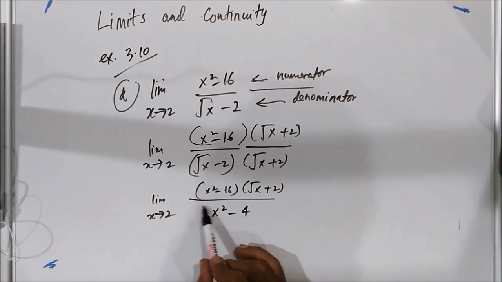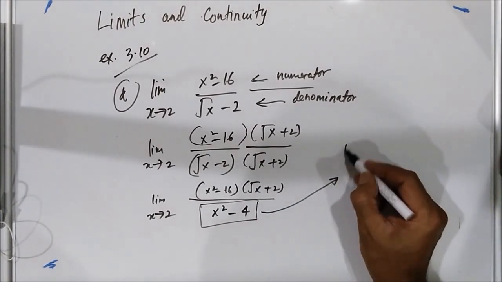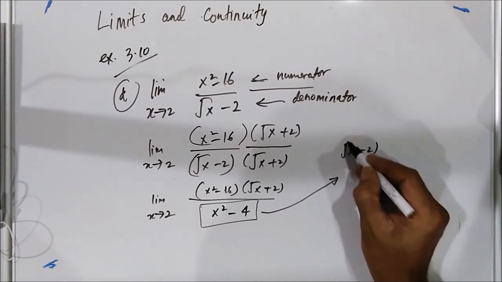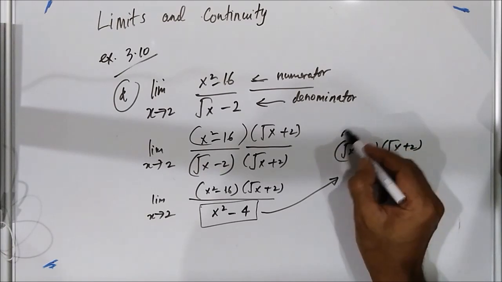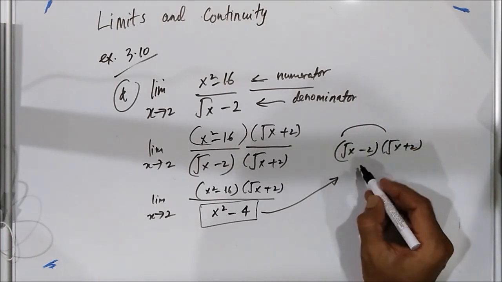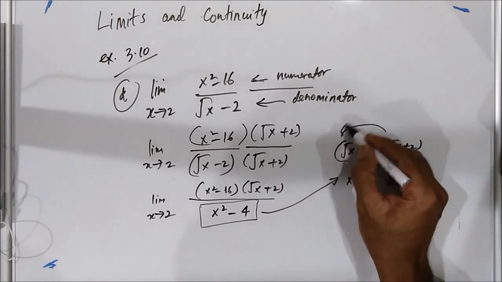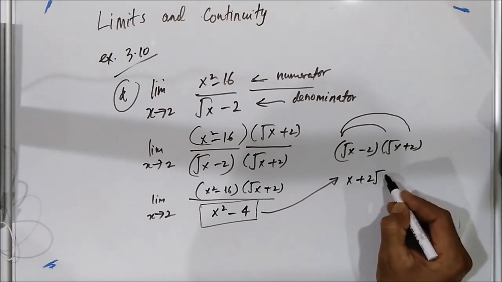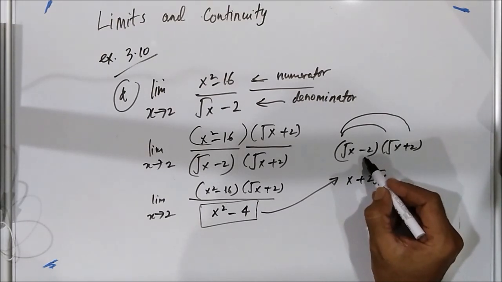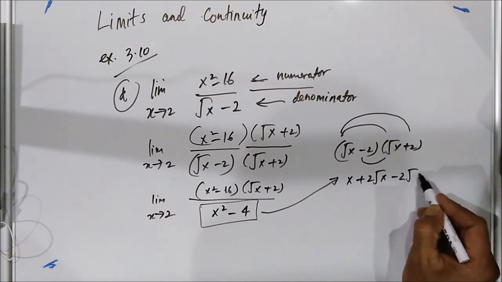Now, how to get this one? I want to show how. The square root of x minus 2 multiplied by the square root of x plus 2 is equal to square root of x times square root of x, which is x. Square root of x multiplied by 2 is plus 2 square root of x. Negative 2 multiplied by square root of x is negative 2 square root of x.